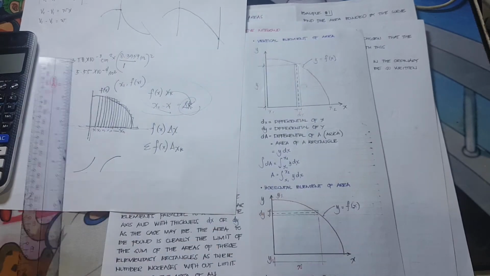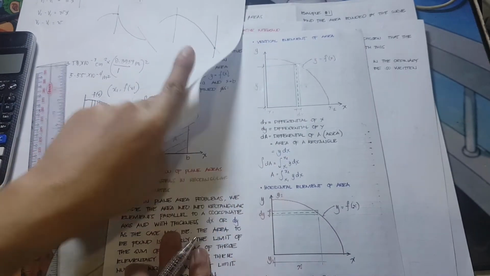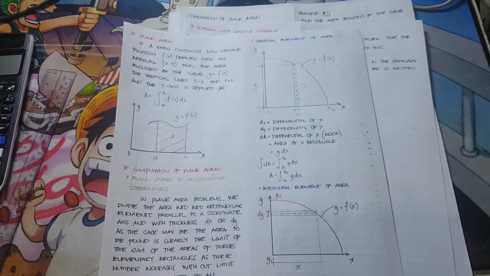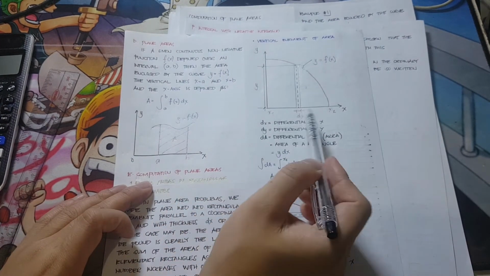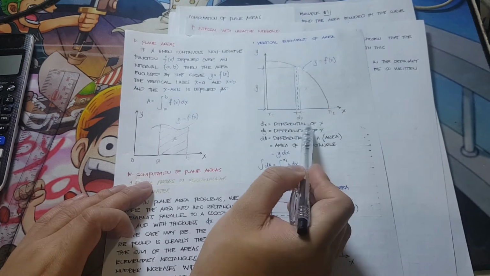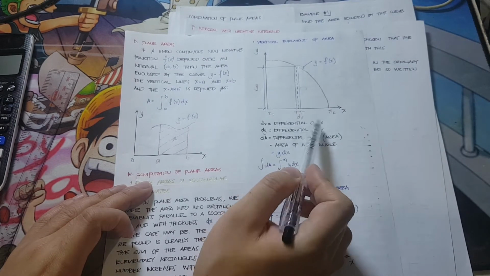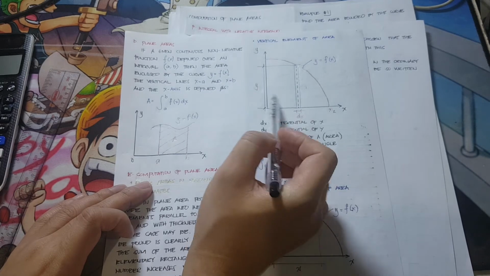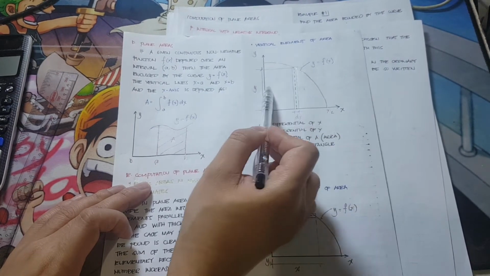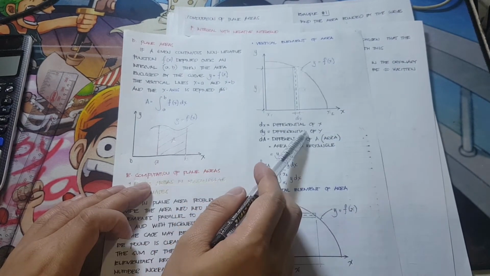Okay, so to define that, dx is the differential of the x-axis. dy, if I am going to use a horizontal strip, would be the differential of y.